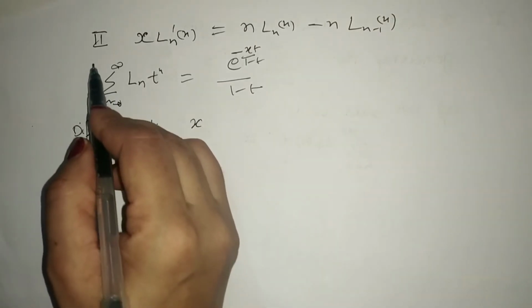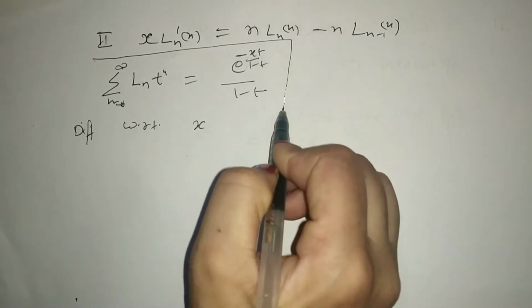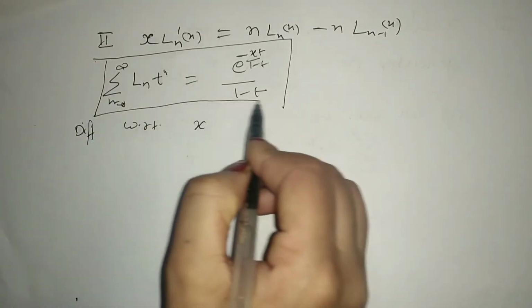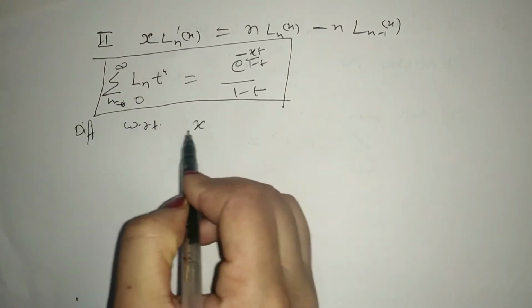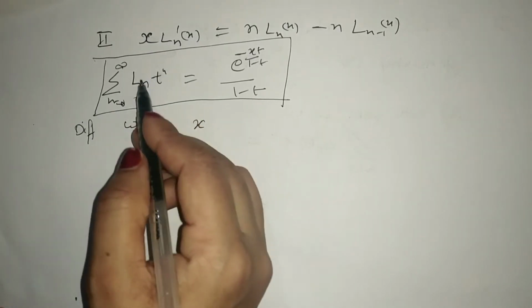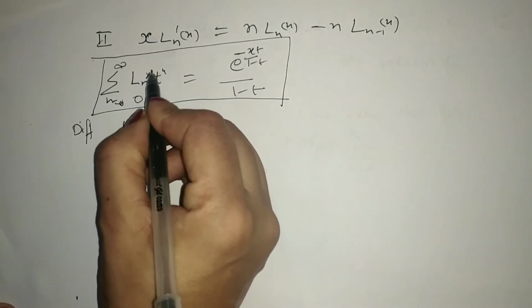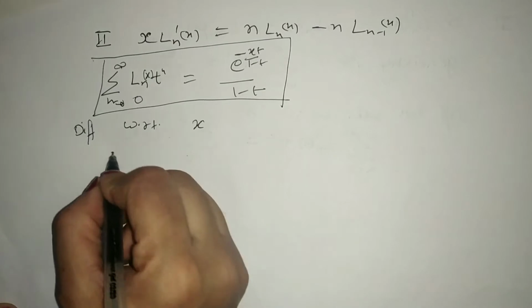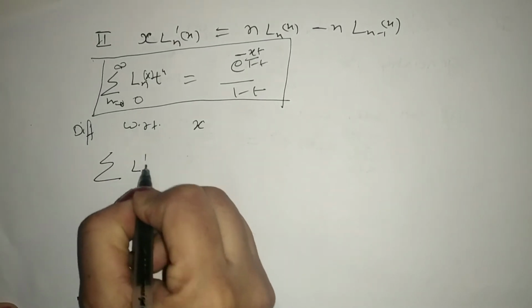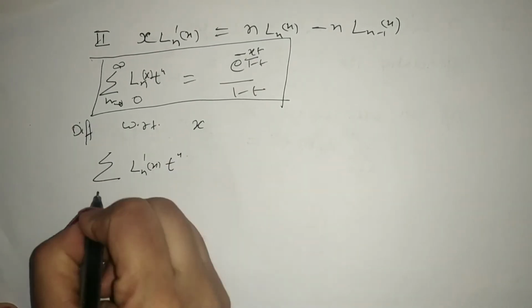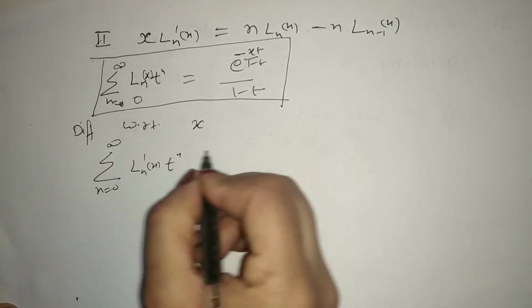To derive this we have to write the generating function and differentiate it with respect to x. Because we know that ln x is a function of x, the derivative of this will be ln dash x and t raised to power n as it is, n varying from 0 to infinity.